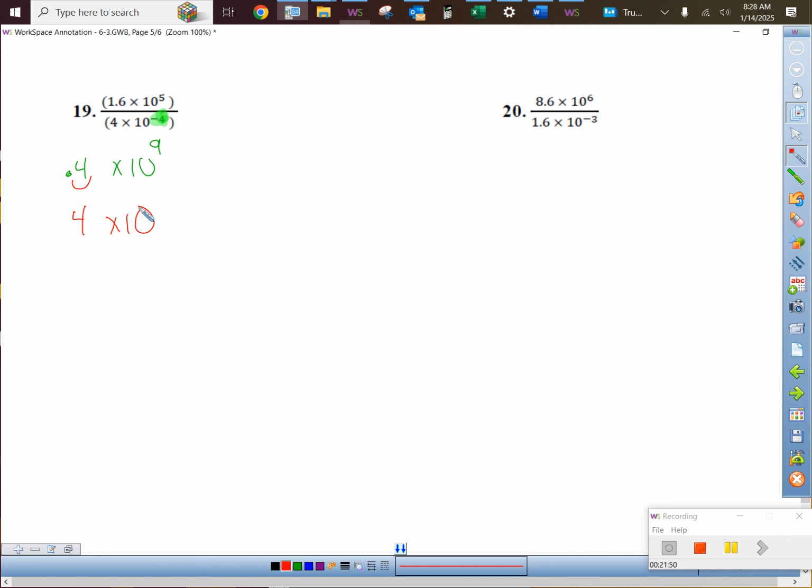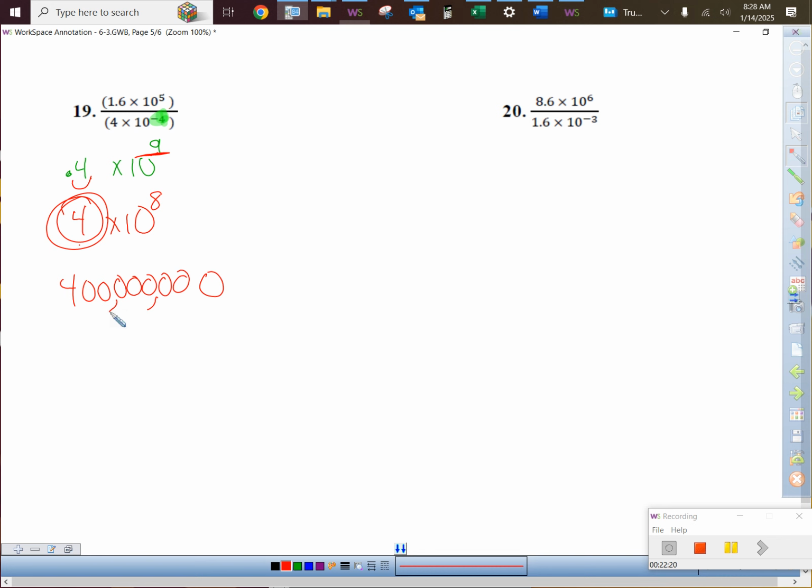Times 10 to the, and if this number right here gets bigger, what does this number right here have to get to keep us balanced? Smaller. By how many places I moved the decimal? Didn't I move him 1 place, right? So he's got to get 1 smaller. So how about an 8, right? That number in front has to be between 1 and 10. And then standard form, 1, 2, 3, 4, 5, 6, 7, 8 zeros. 400 million.